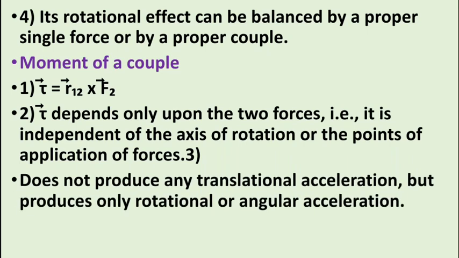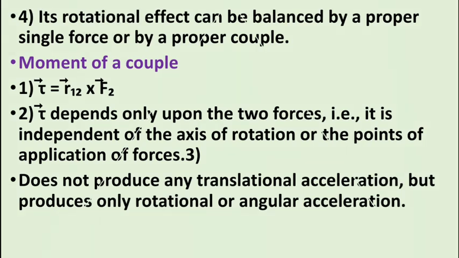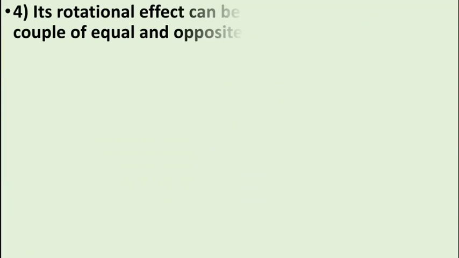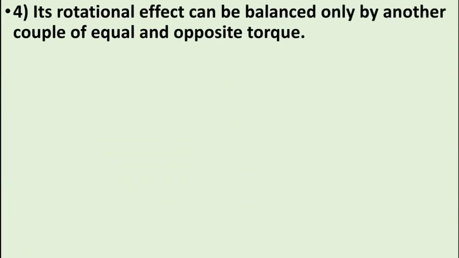Third, it does not produce any translational acceleration but produces only rotational or angular acceleration. Fourth, its rotational effect can be balanced only by another couple of equal and opposite torque.